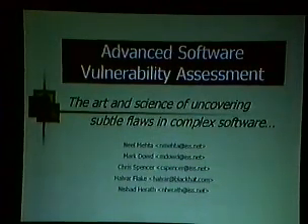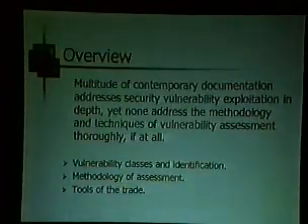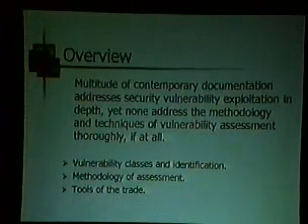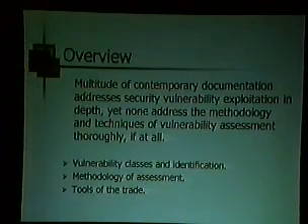We're going to divide the speech into a couple of different sections. We're firstly going to present a methodology of how you go about attacking a large code base to find vulnerabilities, and then we're going to talk about various classes of bugs, as well as tools of the trade.